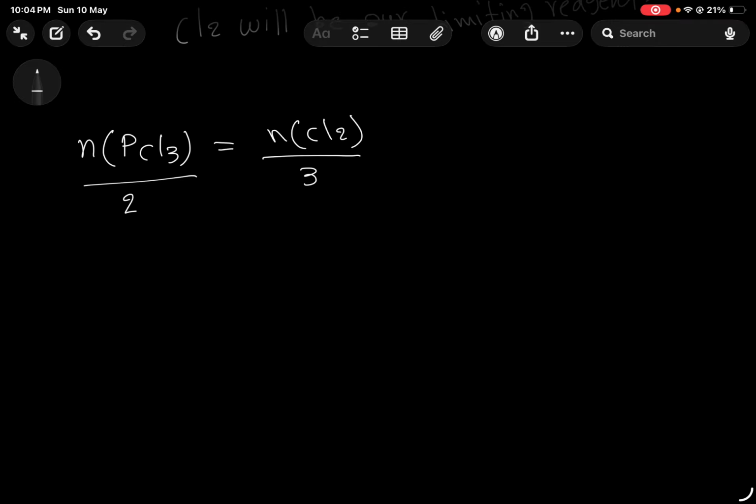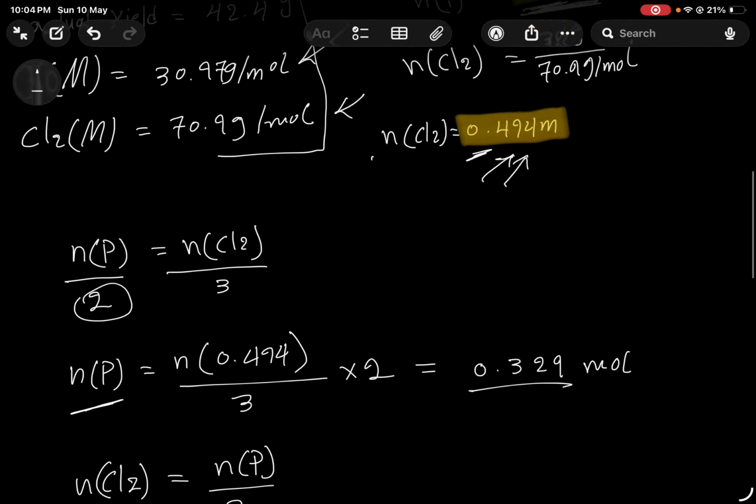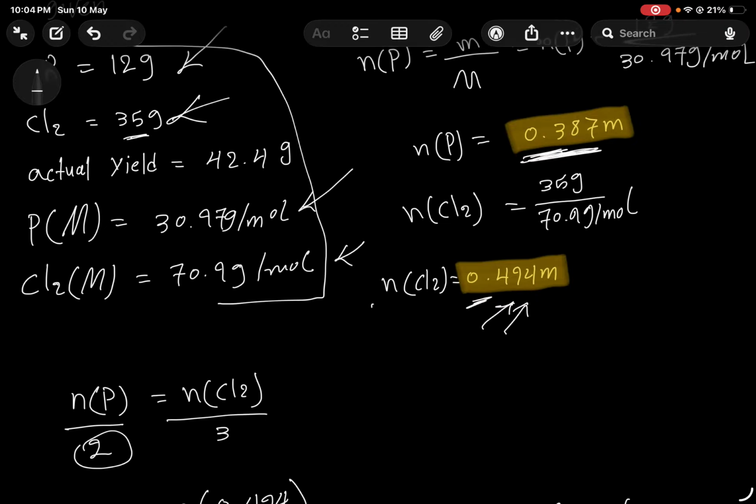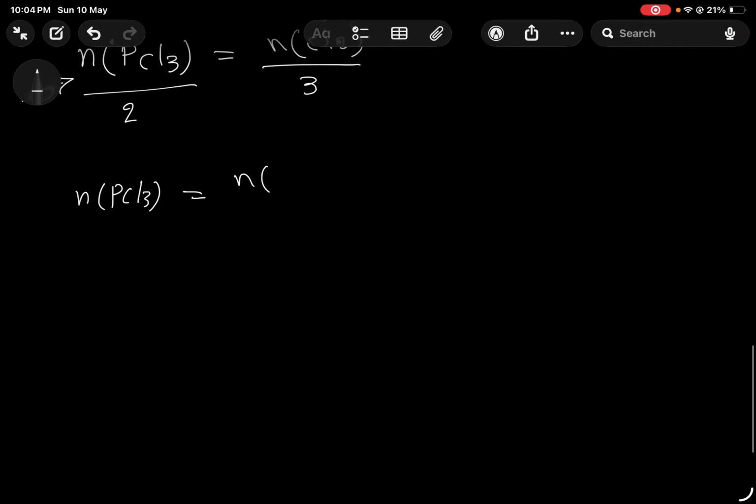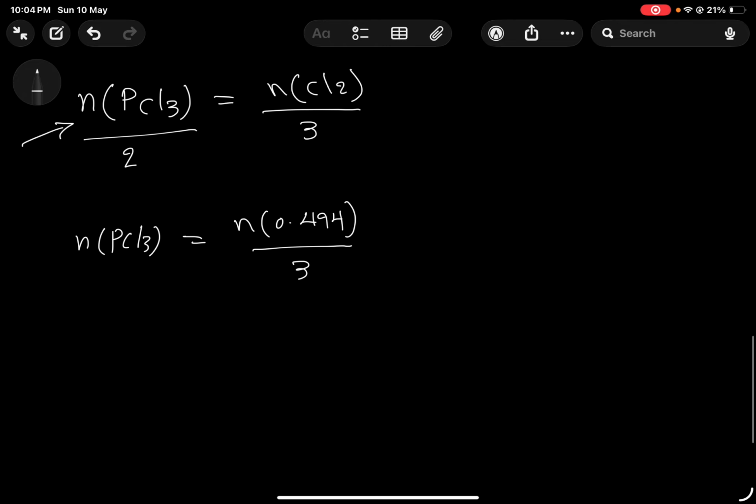Now we're going to use this formula to find the mole of PCl3. n of PCl3 is equal to n of Cl2. n of Cl2 that we have found is 0.494. So 0.494 divided by its coefficient, which is 3, and then multiplied by this number that we have here, 2.